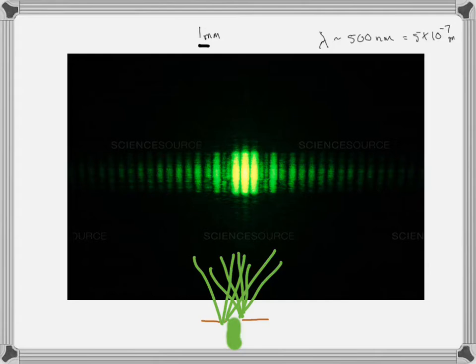So you can use the geometry of interference patterns to measure very small changes in distance. This is the key to interferometry.